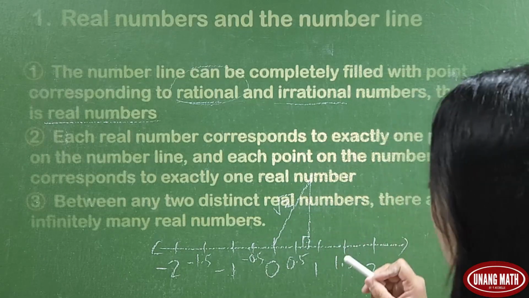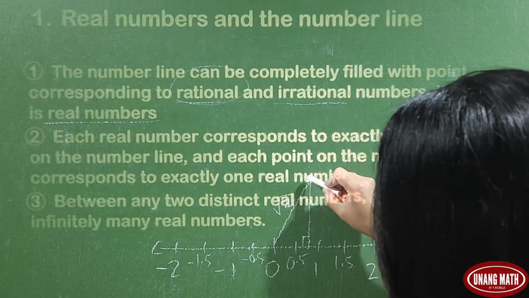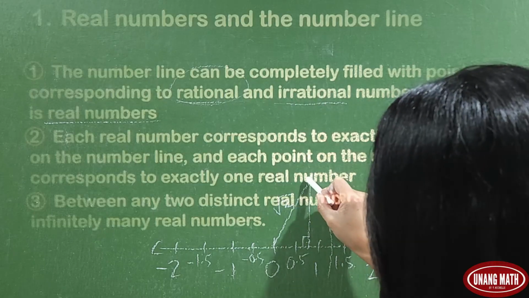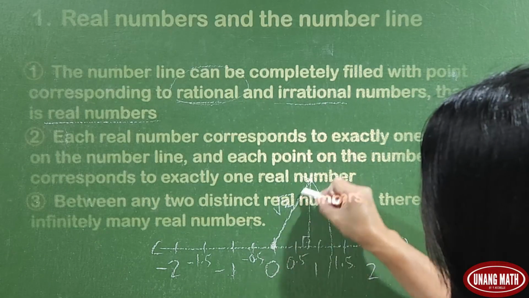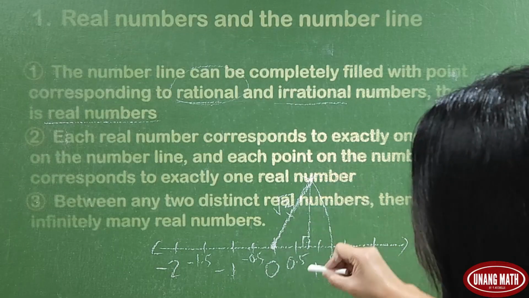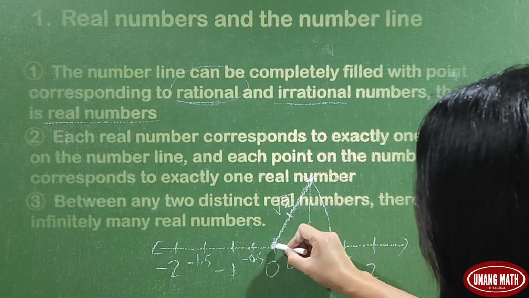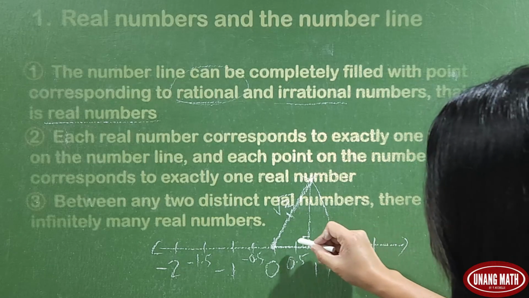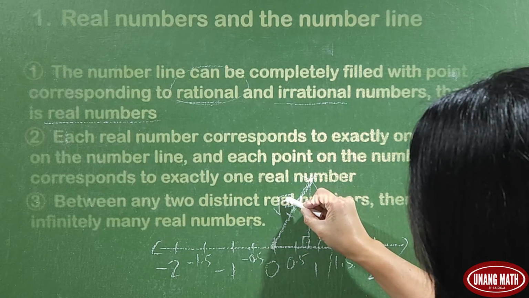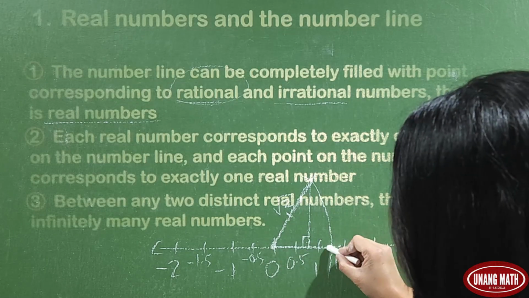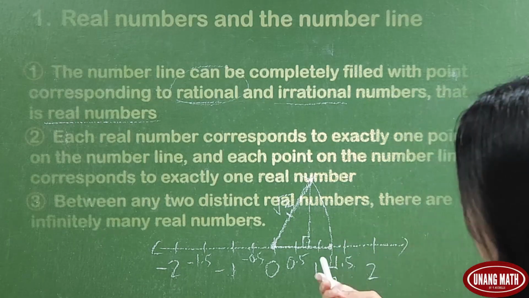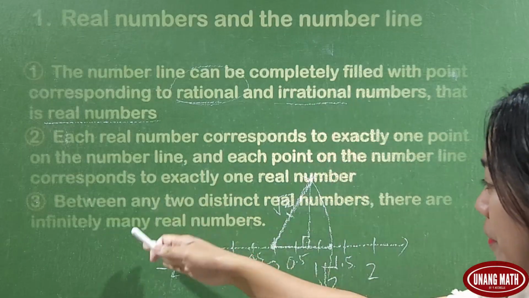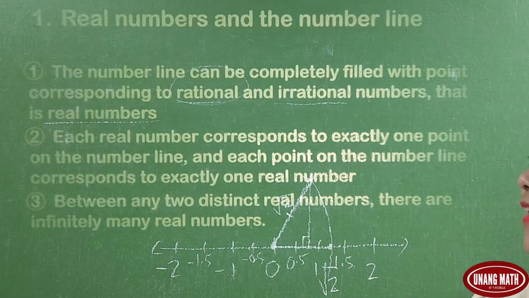We are going to draw a circle and this point is the center of the circle. So this is the radius, and from this point to here is also the radius. So if this is square root of 2, then this point is also square root of 2. So we represented an irrational number on the number line.